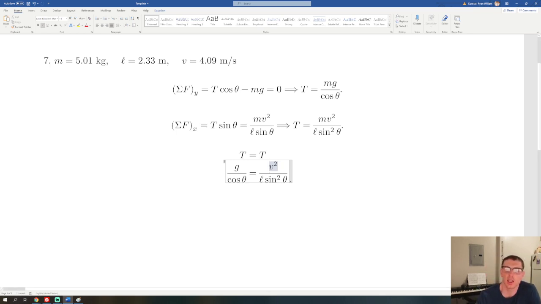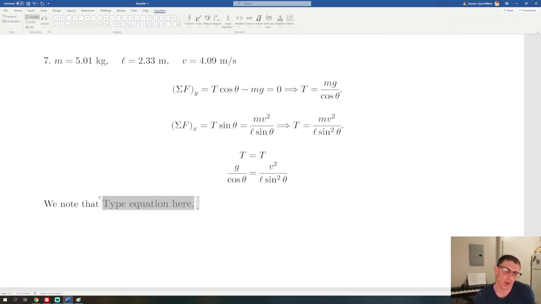And this is something that's going to be difficult to solve, right? What we can do to solve this is note that there's a trig identity that tells us sine squared of theta plus cosine squared of theta equals 1.